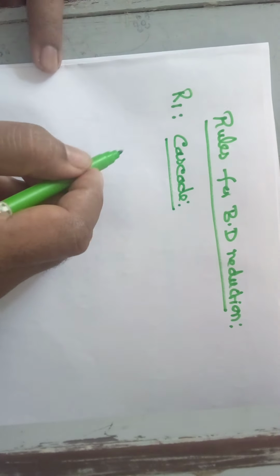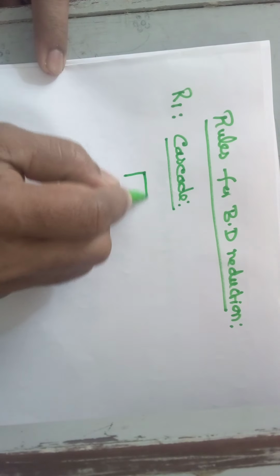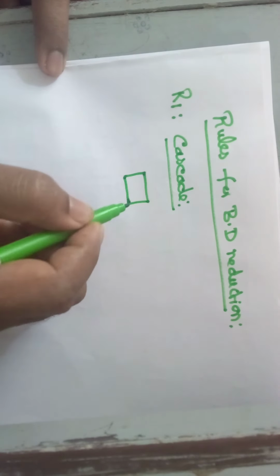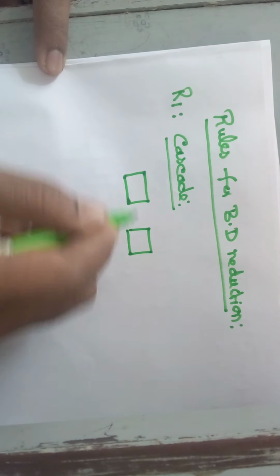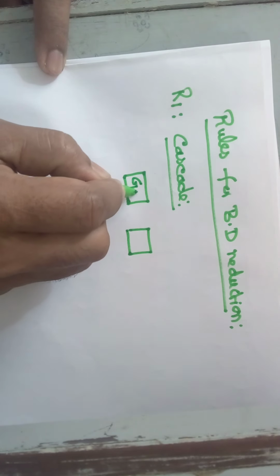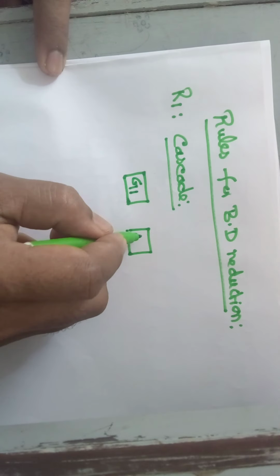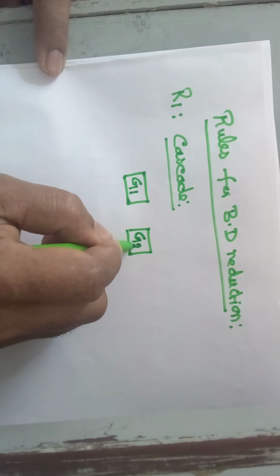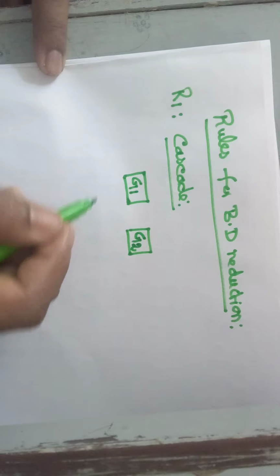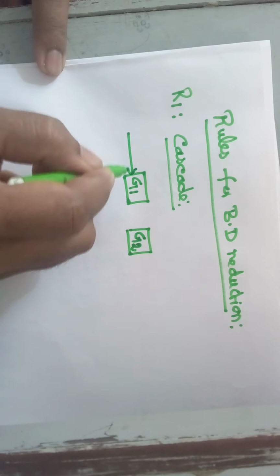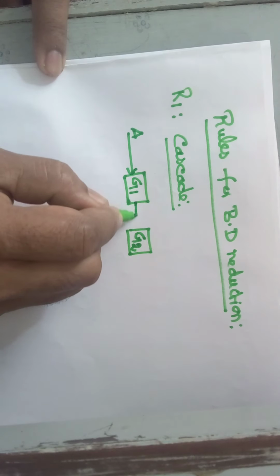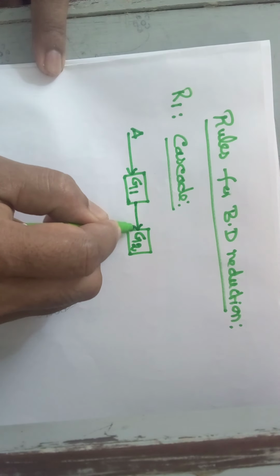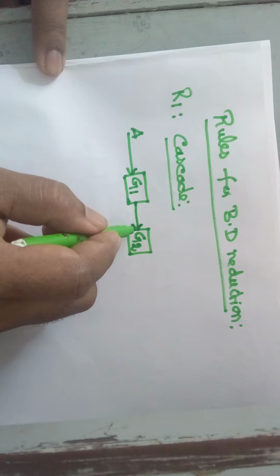Suppose there are two or more blocks connected in series. For example, here the gain block is represented as G1, and another gain block is represented as G2, and the input to the system is equal to A. This system is connected in cascade, or series form.